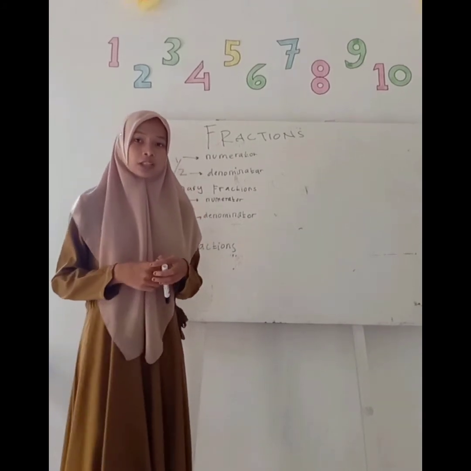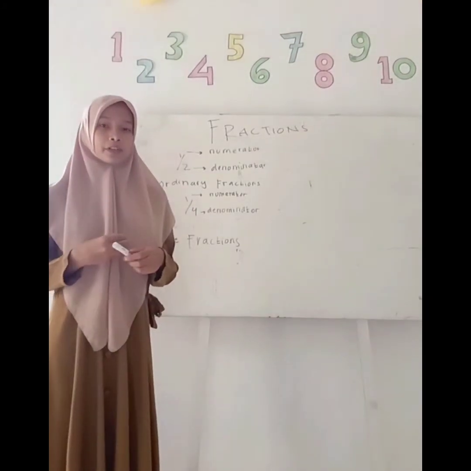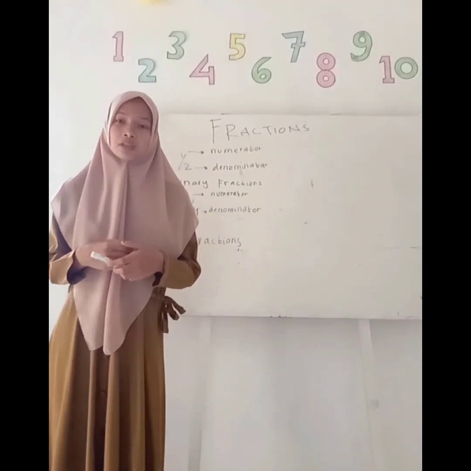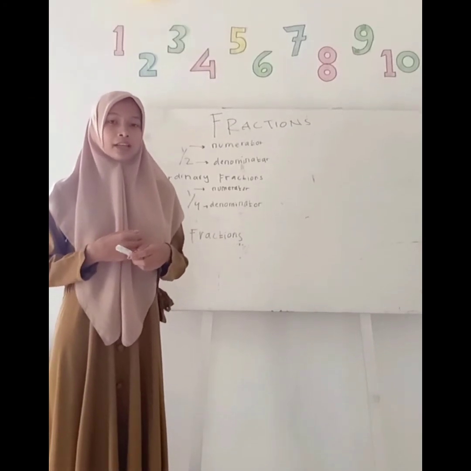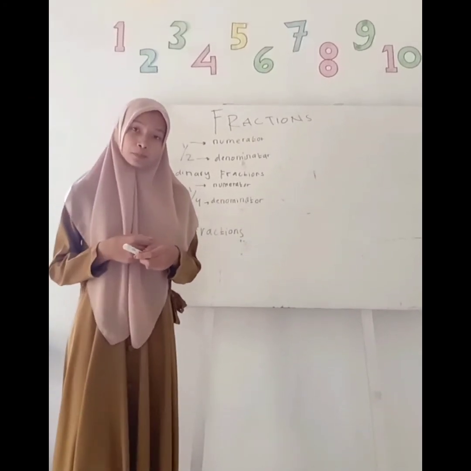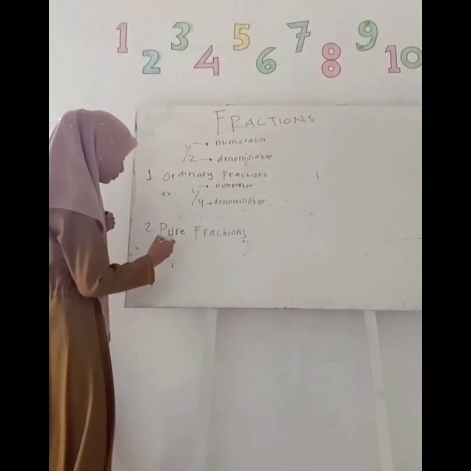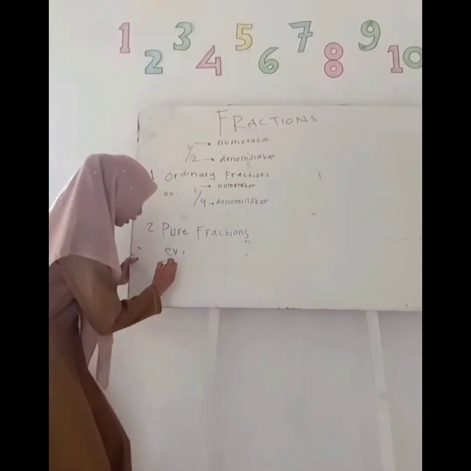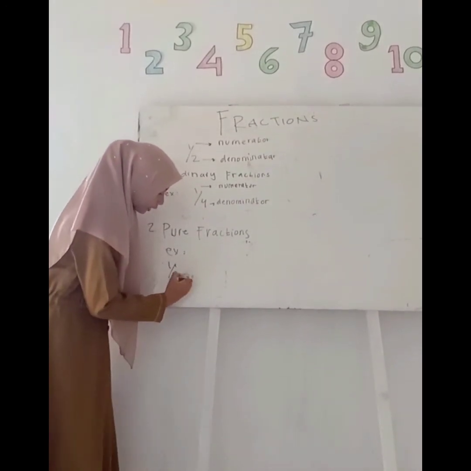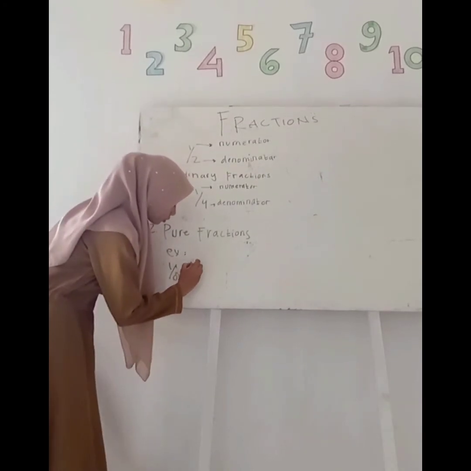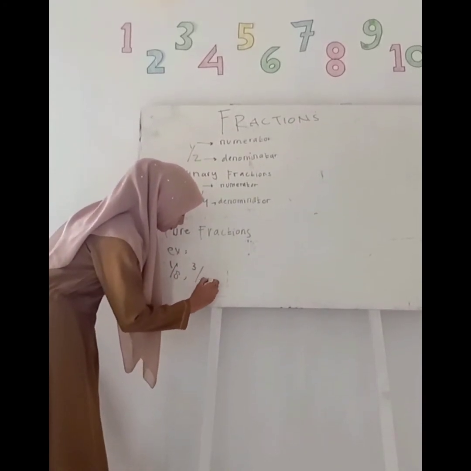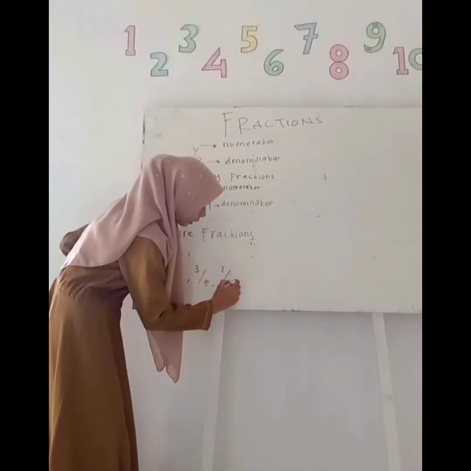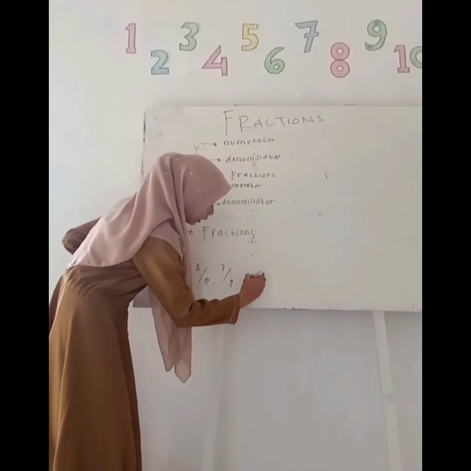A proper fraction is generally expressed as an ordinary fraction, but we cannot necessarily call an ordinary fraction a proper fraction. Example, 1/8 and 3/8 and 7/9 and so on.